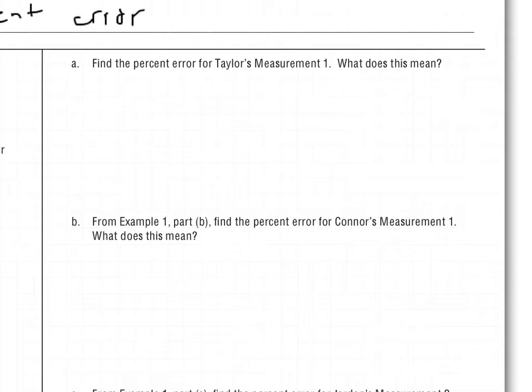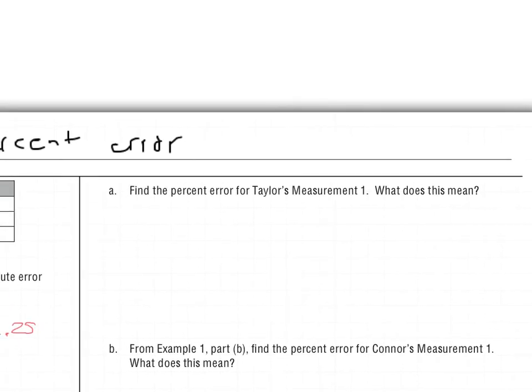All right, so finding the percent error means that all we're really doing is finding the error as a percent of the actual. So our formula here is: the percent error is the amount of error, the absolute error, divided by the actual.